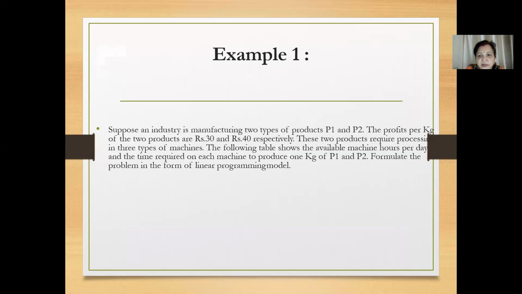See here, the profit per kg of the two products are 30 and 40 rupees. So if we have x1 kilogram of the first product and x2 kilogram of the second product, then the total profit will be 30x1 plus 40x2, and we have to maximize this profit.